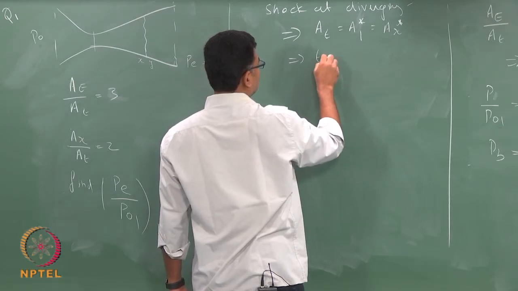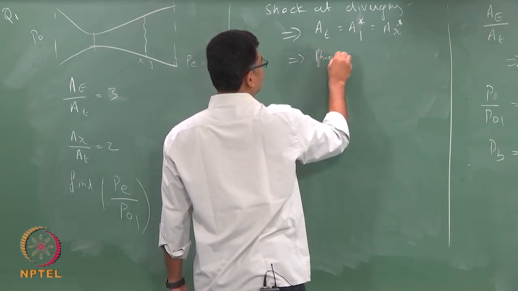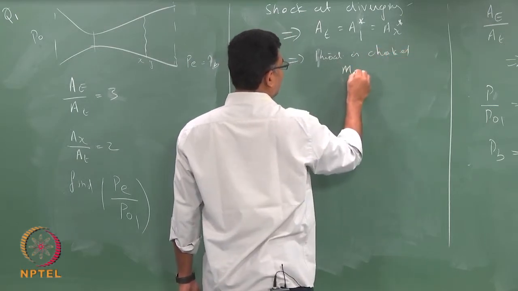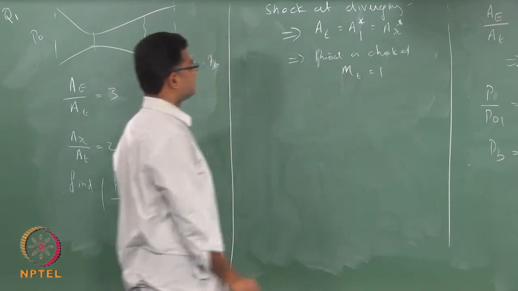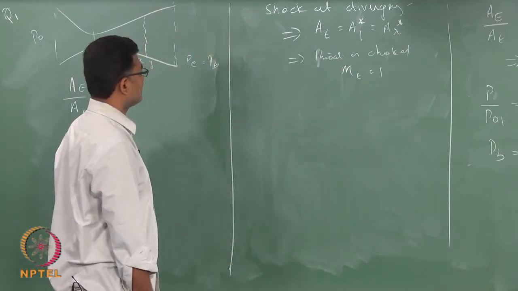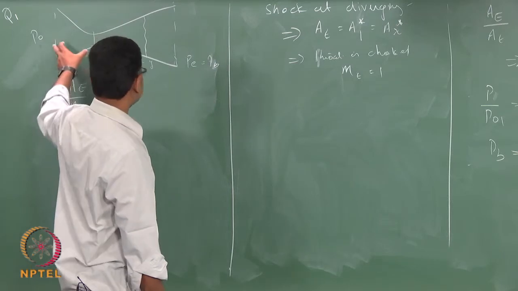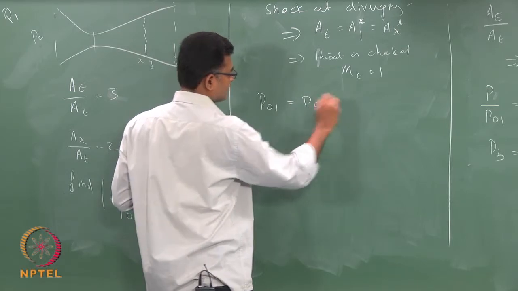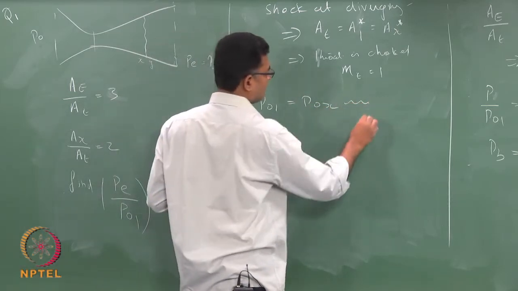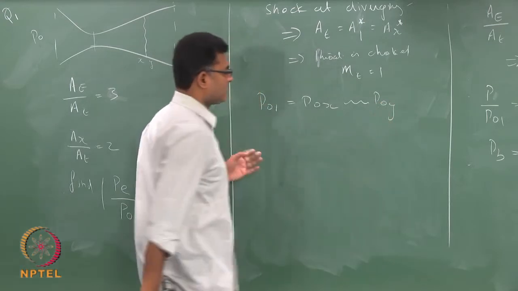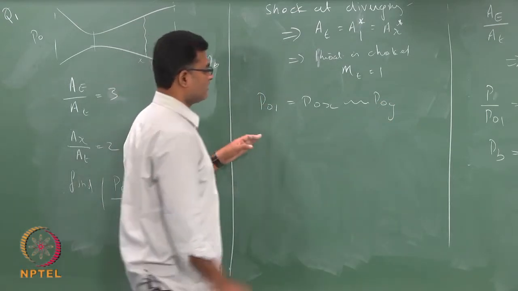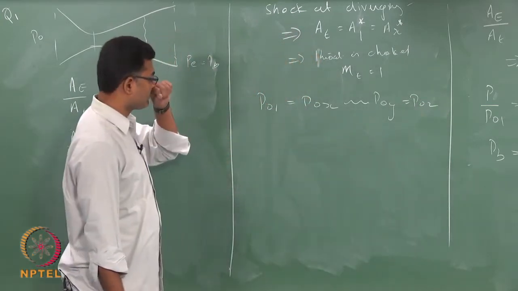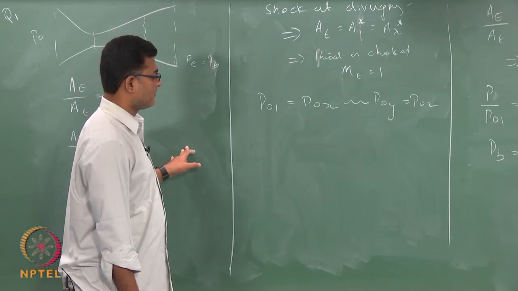The throat is choked. M throat is 1. So, whatever pressure you have, P01 is same as your P0x. Then it encounters a shock, you lose some of your stagnation pressure, which would be retained till the exit.